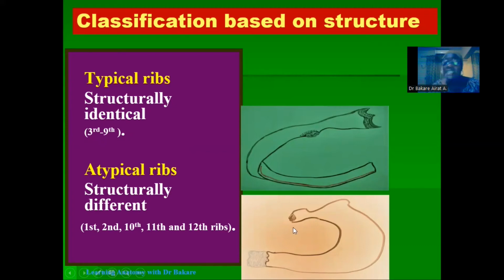Also to add that around the head of the 1st rib, instead of the 2 facets that is seen in the typical ribs, which are the superior and the inferior facets, for the 1st rib, we have just 1 facet. So you can see that they have distinct features that are seen in the atypical ribs. And that is why they are classified as atypical, because they are not like the typical ribs.